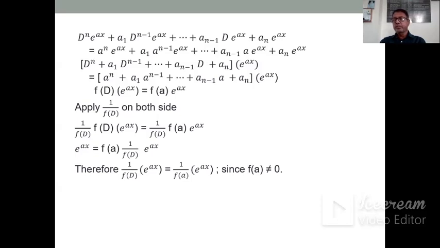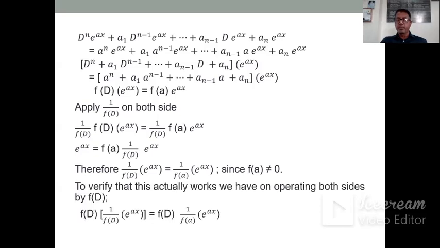This means the factor D minus a is repeated r times. And if it is repeated r times, then if we operate 1 upon (D minus a) to the power r into phi of D on e to the power ax, it comes to be x to the power r e to the power ax upon r factorial into phi of a. And this is the statement of the next theorem.